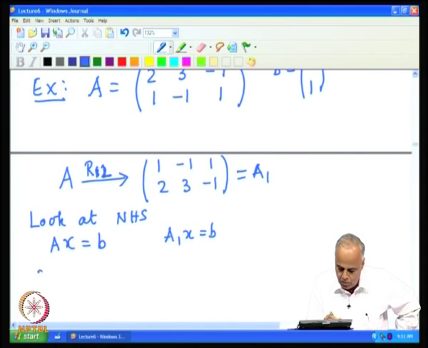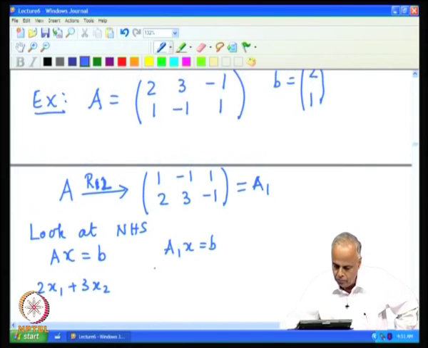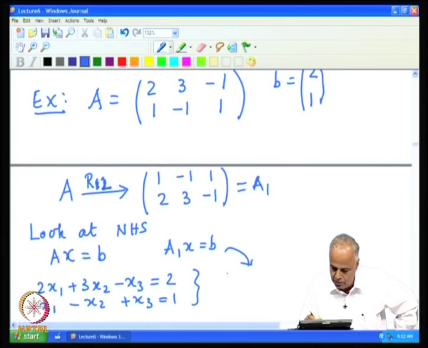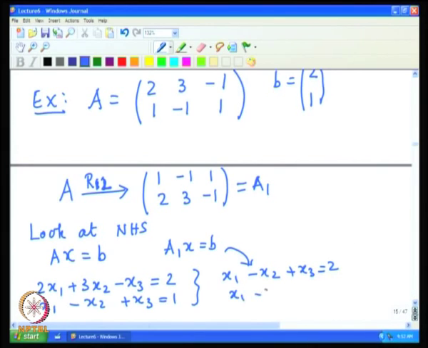A is 2x1 plus 3x2 minus x3 equal to 2, and x1 minus x2 plus x3 equal to 1, and this is the system x1 minus x2 plus x3 equal to 2, 2x1 plus 3x2 minus x3 equal to 1.